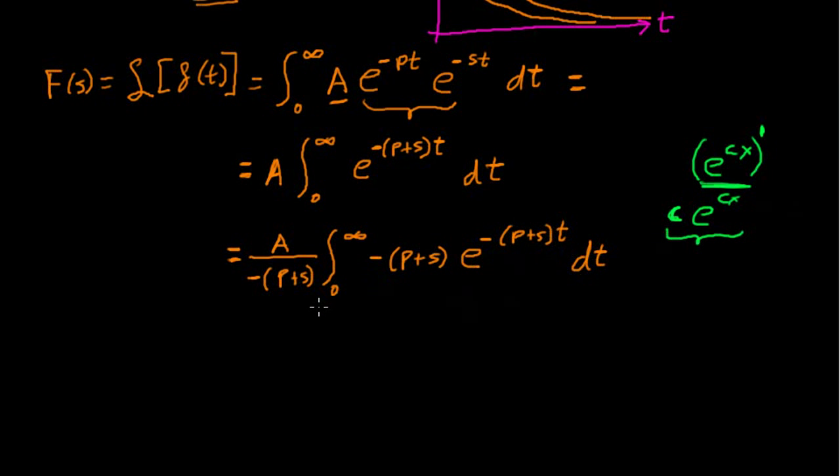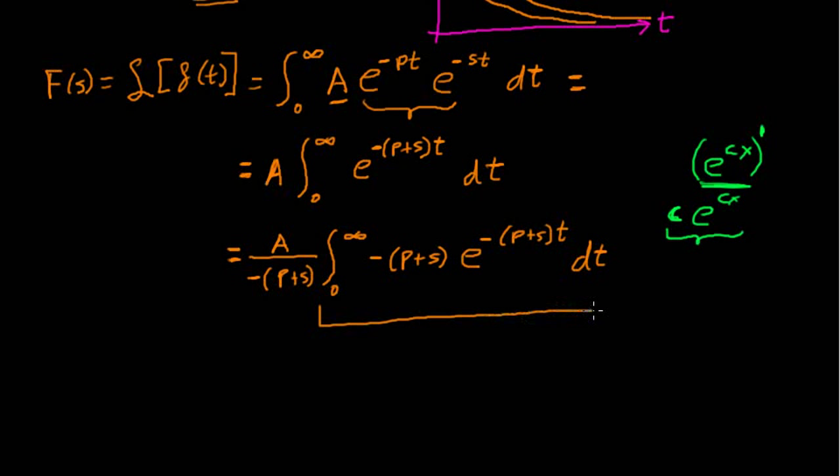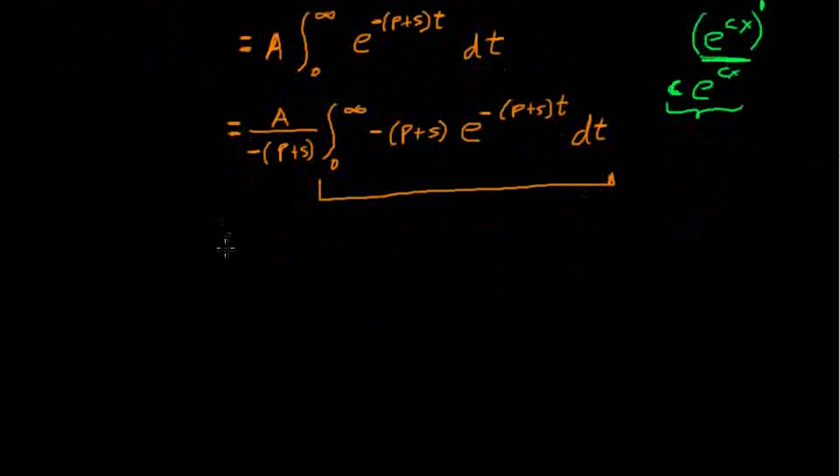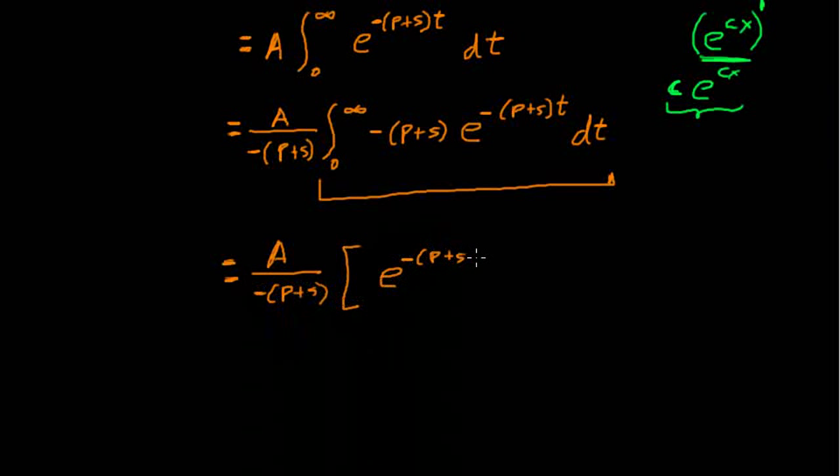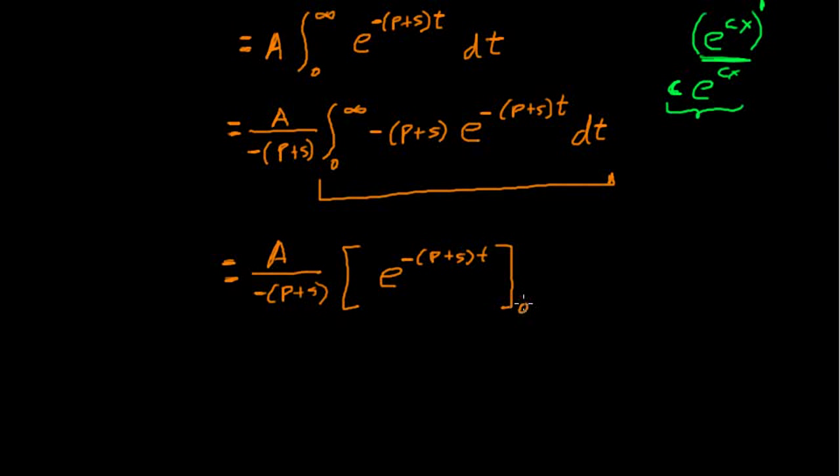And we already have a solvable integral. So the solution is a over minus p plus s times e to the minus p plus s t evaluated in 0 and infinity.